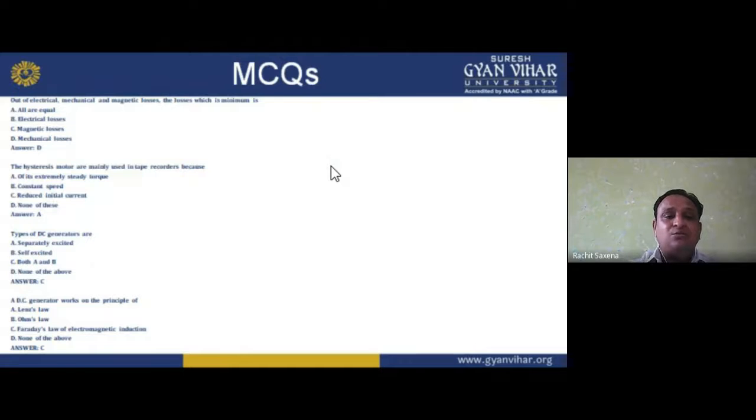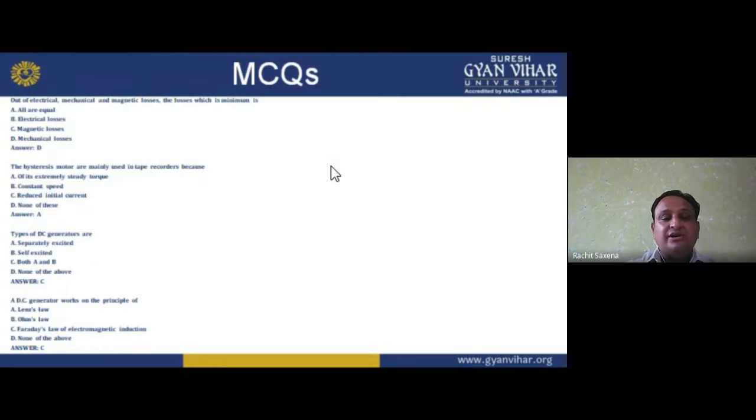Then, hysteresis motors are mainly used in tape recorders because of their extremely steady torque. The types of generator, which we already discussed: separate, self, both A and B, none of them? Both A and B, separate and self. In self, we have three types: series, shunt, and compound. In compound, we have two types: long shunt and short shunt. And if I talk more, then we have cumulative and differential.